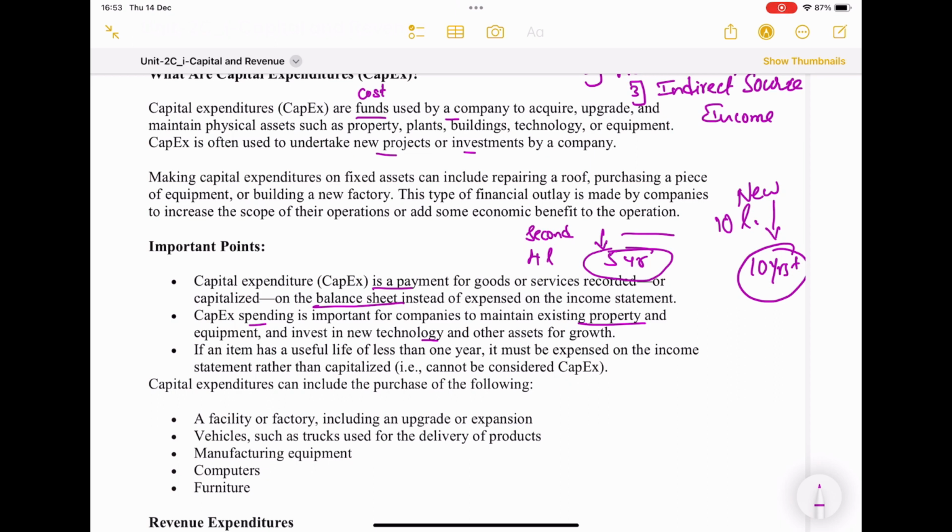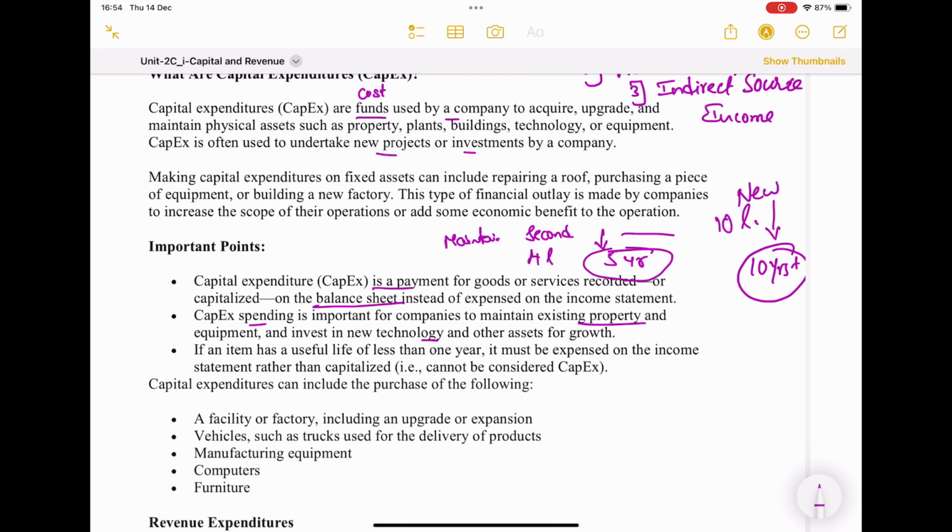During this period also, it may take more maintenance expenses. Maintenance and repair expenses will be coming. So whenever we purchase a new machinery, the maintenance and repair charges will be comparatively less, and in the long run it will work. Okay, so these are the things.